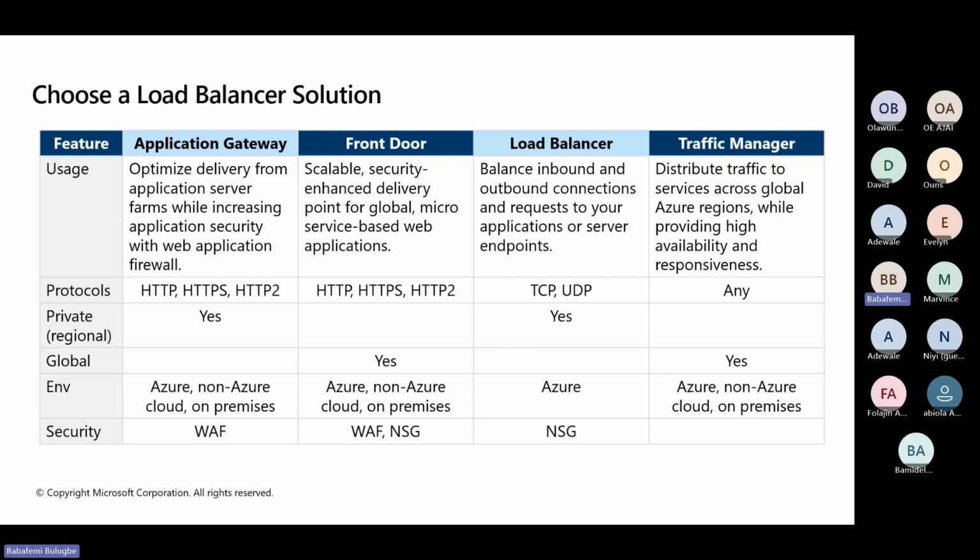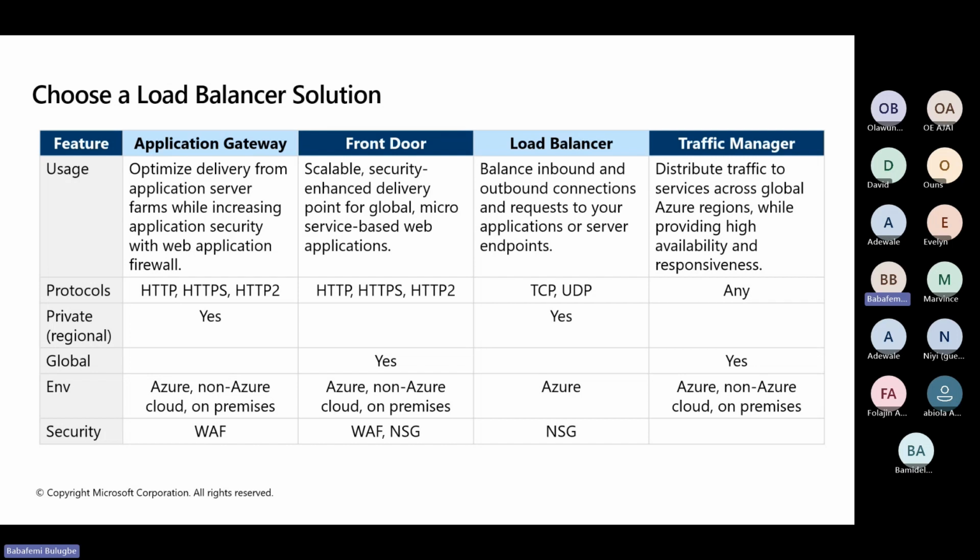So a load balancer, based on the rules we have created, senses the amount of traffic coming into the application and distributes that traffic evenly. There are different load balancers that we can choose from.